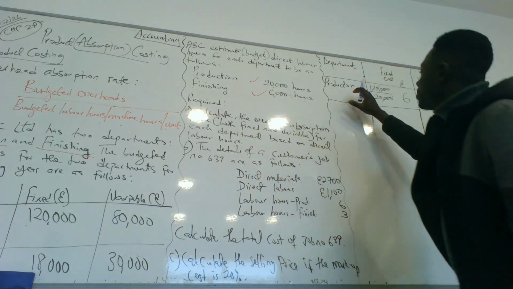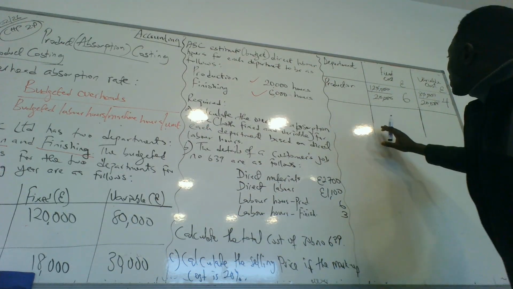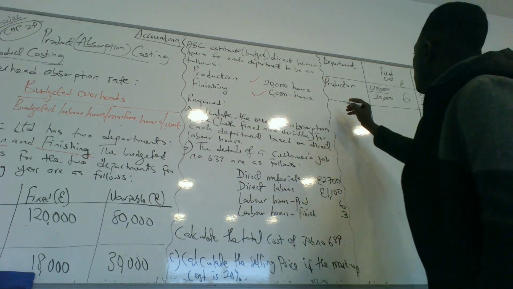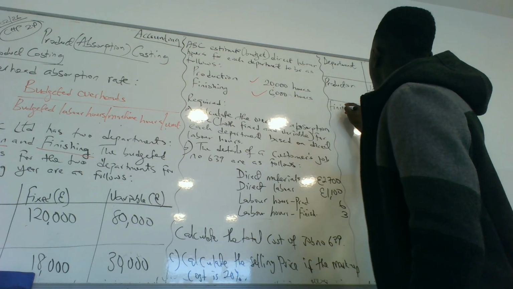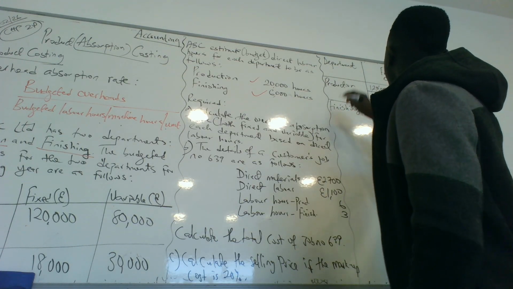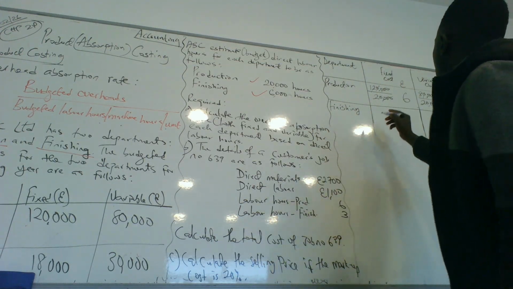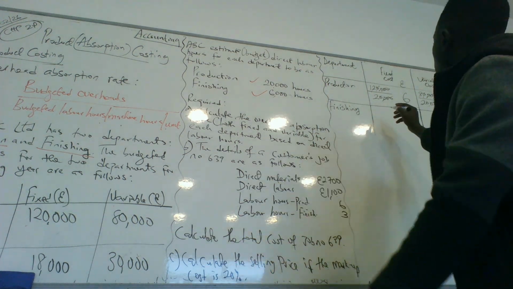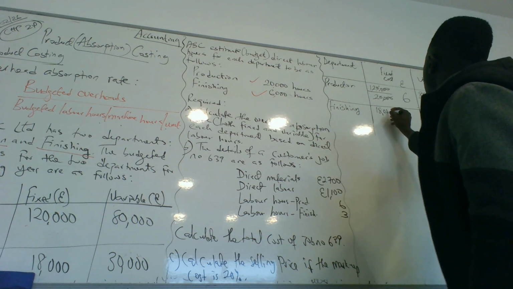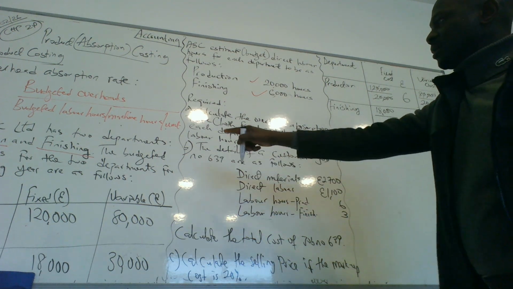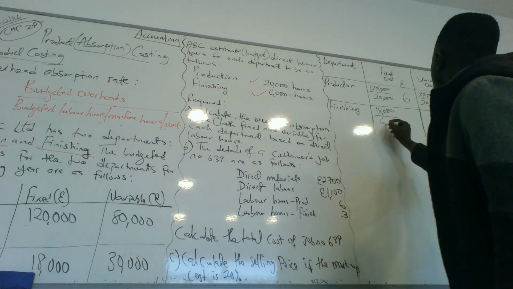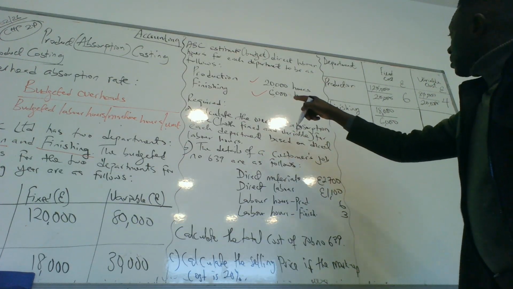So we're done with production department. The next one is the finishing department. For finishing department, we have 18,000 divided by the labor hours, which is 6,000. That's for fixed cost.